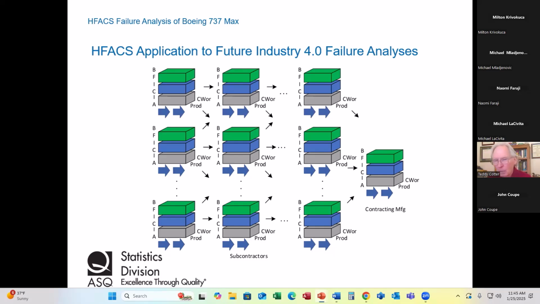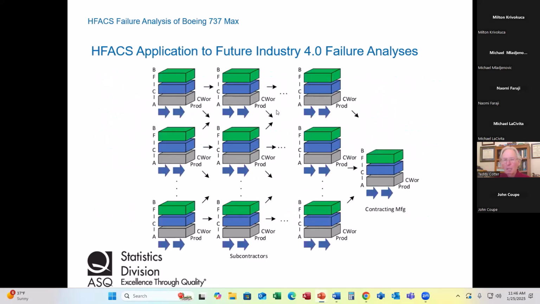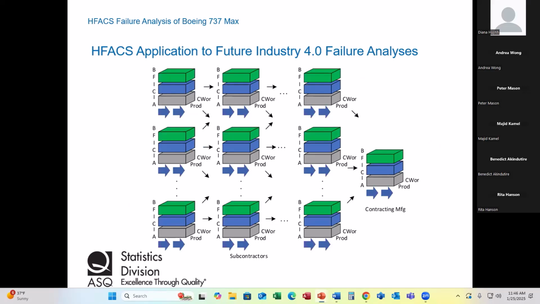But within the Internet of Things, it has to co-evolve with other organizations, RAMI models, in order to be able to communicate with them effectively and be the most efficient, the most effective production, on the most efficient productive path through this model. So the Y sub ij are the systemic, self-enhancing, self-evolving, co-evolving evolutionary variance components of each RAMI system itself.